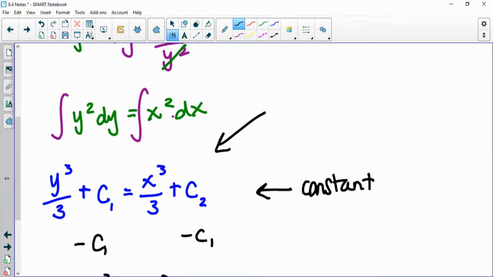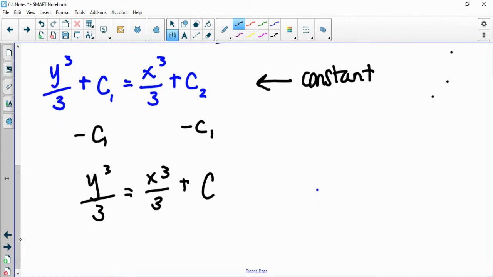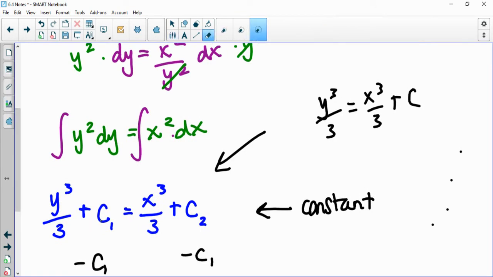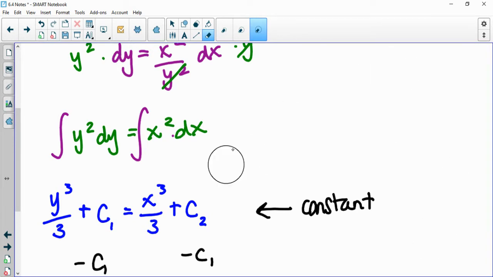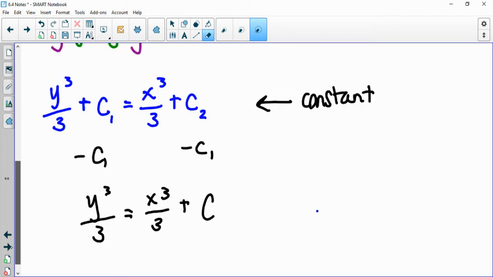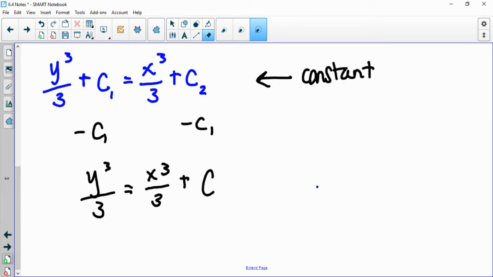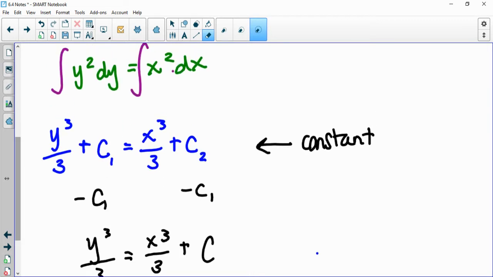If I was doing this just for myself, I would write y cubed over 3 equals x cubed over 3 plus c, and just skip to this step right away and call it a day. We know that each of these, when you do a generic antiderivative, has a plus c at the end, but since we're solving for y, we're going to move one of those c's over, and it's just going to turn into a different constant. And remember, when you do an integral, the dy goes away, or on the right side, the dx goes away.